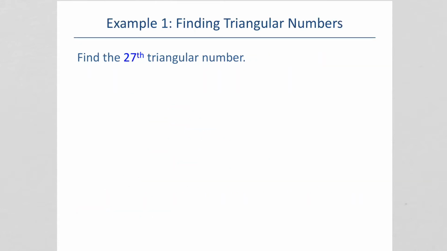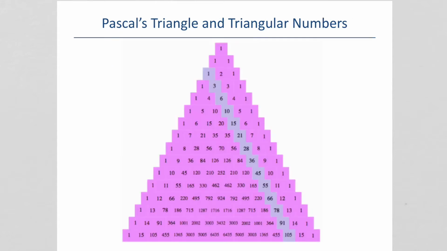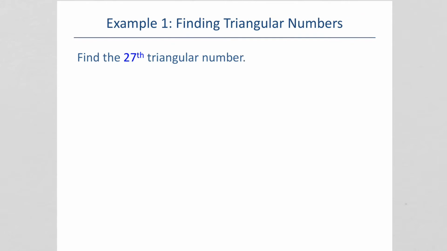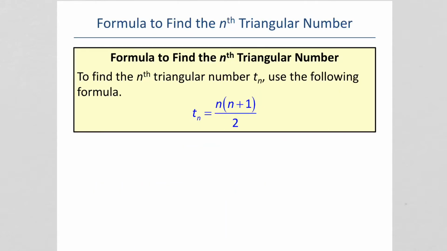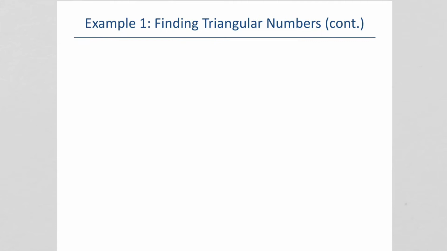Find the 27th triangular number. We do have a formula for that, which we'll look at in a minute. I'm going to go ahead and give it to you because it's going to make this a lot easier. The formula for a triangular number is T sub n equals n times n plus 1 divided by 2.